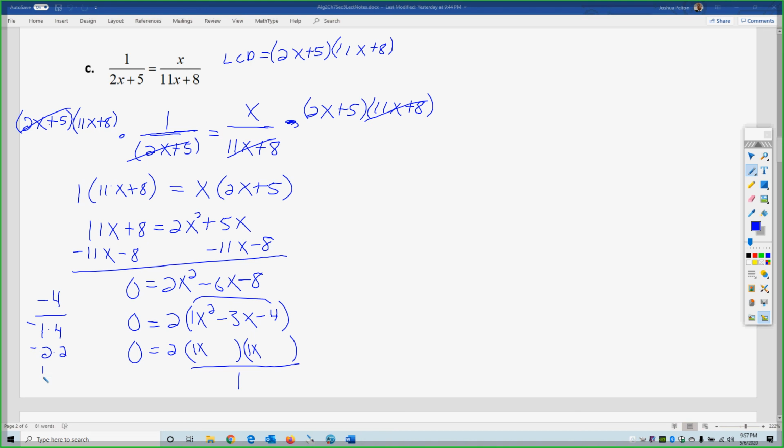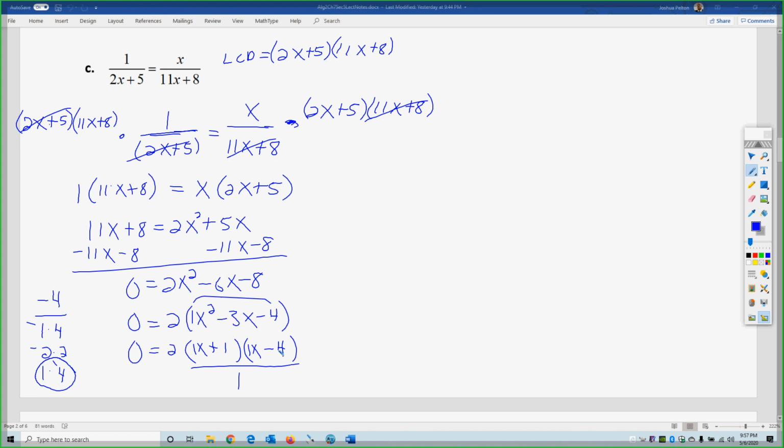And one of them has to be negative to get negative 4. Okay, so we need to get a negative 3 in this middle term when they add up and multiply to negative 4, so that's what's going to do it for us. A positive 1 and a negative 4. Okay, since it's a 1 in the denominator, we can just ignore it.